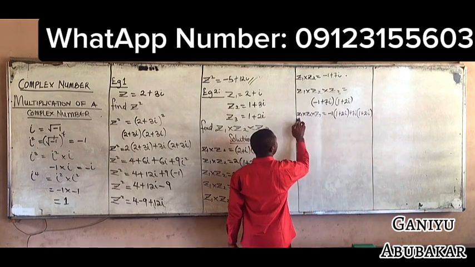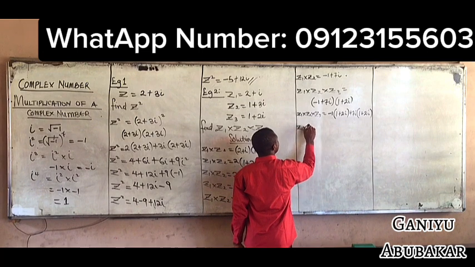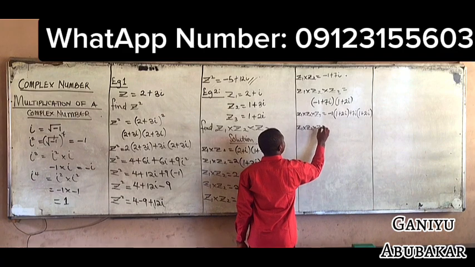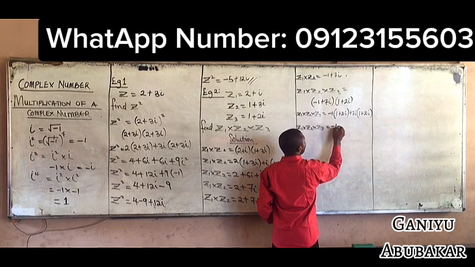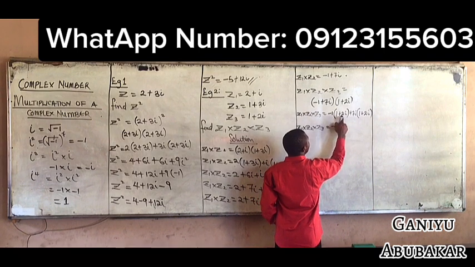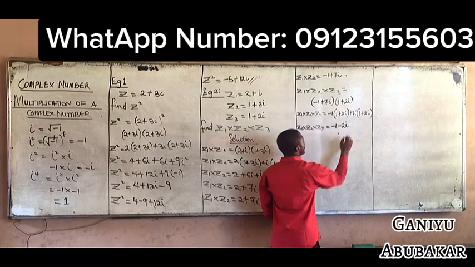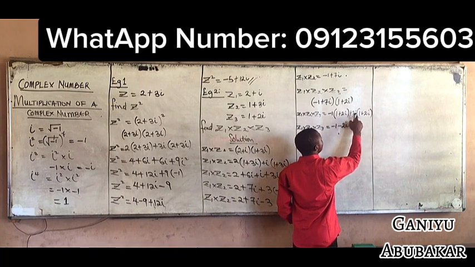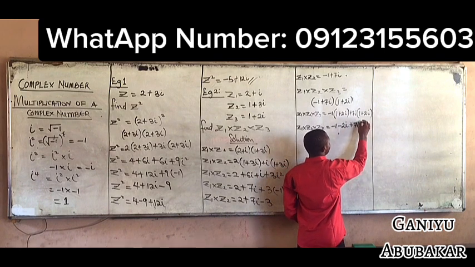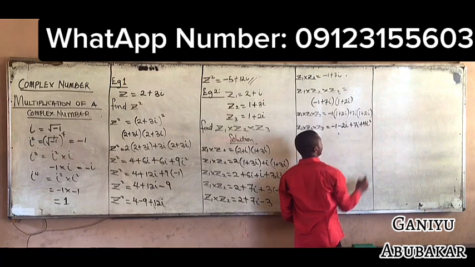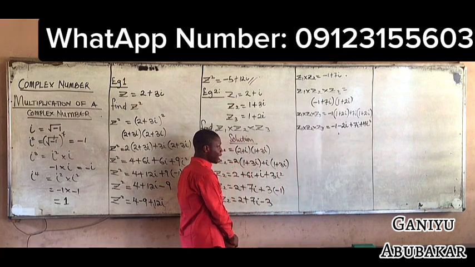So the final answer becomes, multiplying this together: 1 times minus 1 is minus 1. 1 times 2i becomes minus 2i. Next, plus 7i times 1 becomes 7i. Next, 7 times 2 is 14i squared.